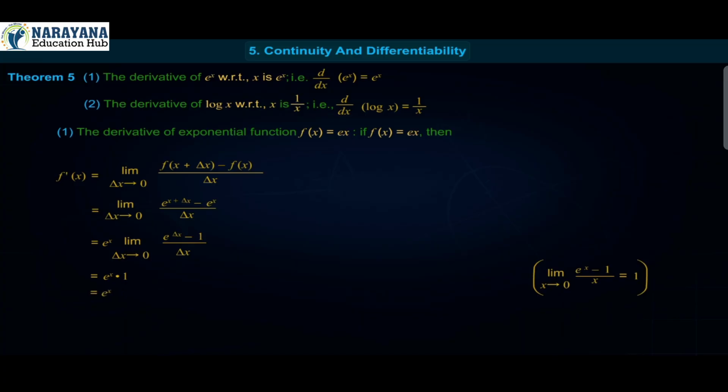Hence, d by dx e raised to x is equal to e raised to x.